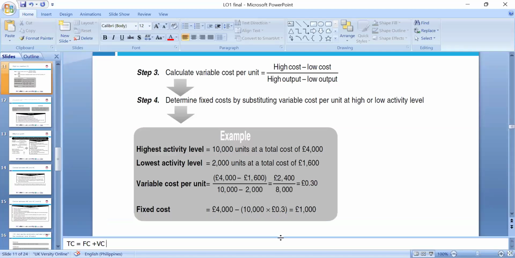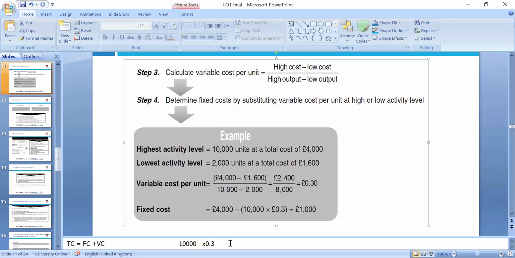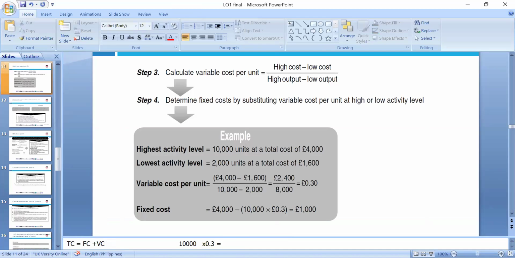Now, how many units did we first produce? 10,000 times 0.3. Can we calculate that? If you have a calculator, yes. What will come? You multiply.